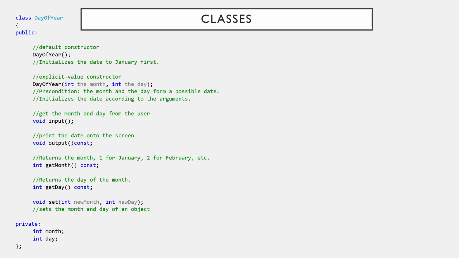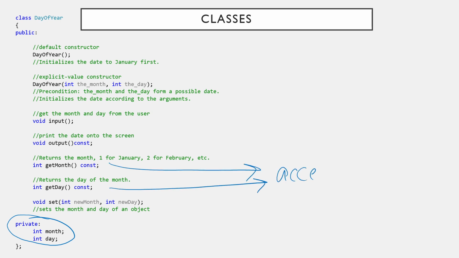So here is an example. We're just continuing with DayOfYear. We have two private member variables, month and day. This is an accessor function. These two are accessor functions. So what does that mean? They could also be called getter functions.